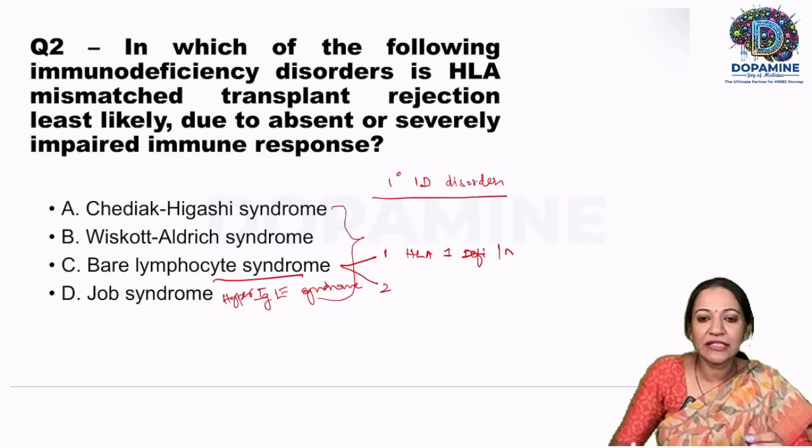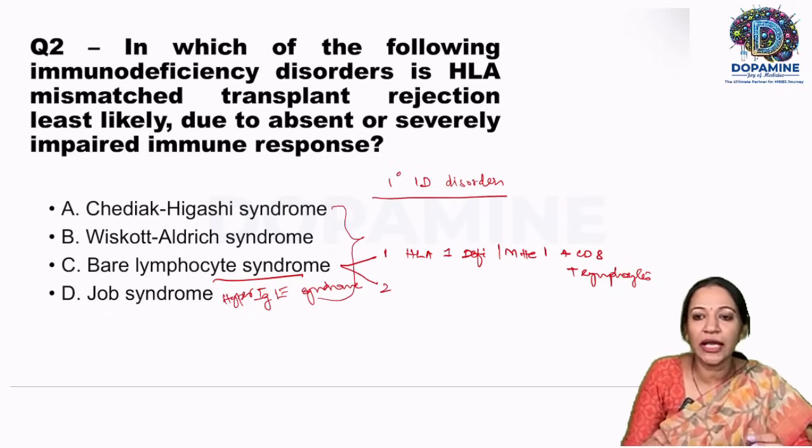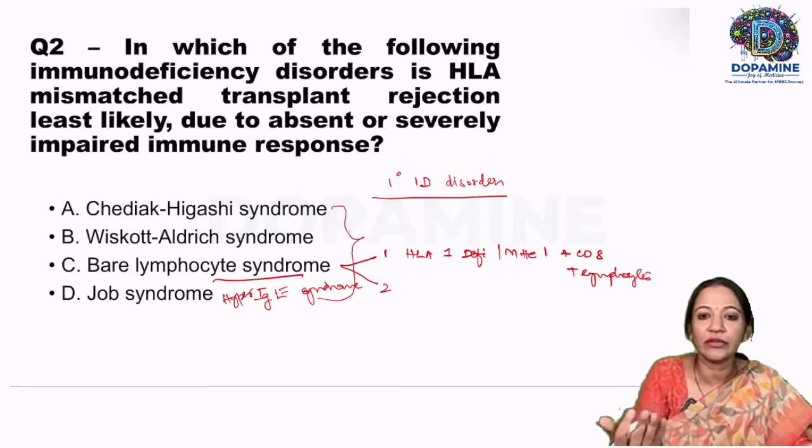So the MHC, major histocompatibility complex 1, will not be there. MHC 1 will bind with CD8 T lymphocytes. So since this HLA MHC1 is deficient, obviously HLA mismatch transplant rejection cannot occur, isn't it? So the right response here is Bare lymphocyte syndrome.